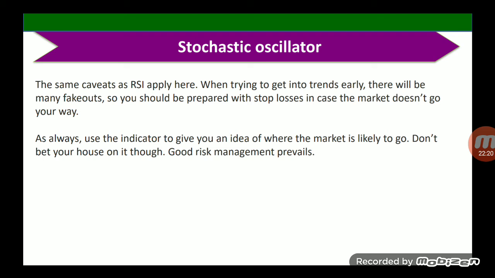The same thing can happen if there are bad fundamentals and bad news about the particular stock, then even if it is in the oversold zone or area, it can continue the downward trend. So you should use other indicators with the stochastic oscillator like RSI. So this is the limitation of the stochastic oscillator.